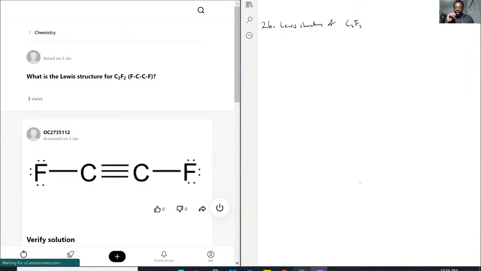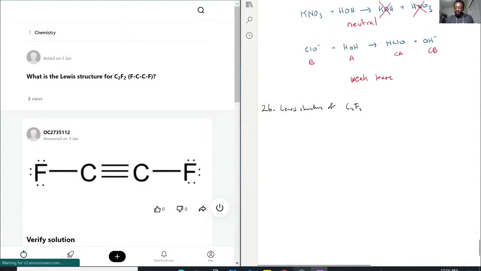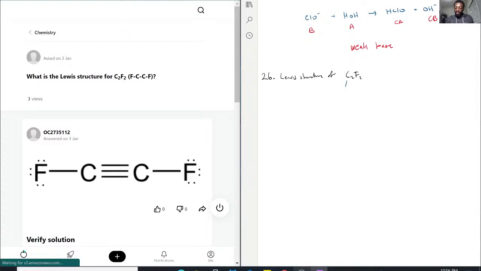Just to make sure I'm thinking thoroughly, we have 8 from here and 14 from here. So it's going to be 22 electrons total we're working with. So with that being said, we have C, C, F, and F, okay?